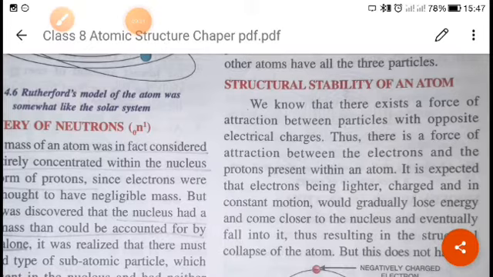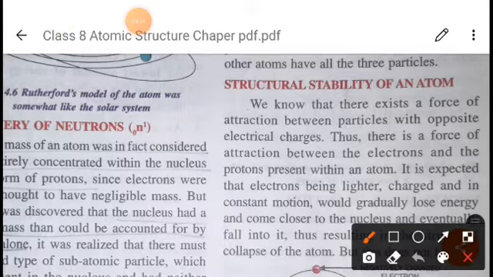So it is expected that the electron, being lighter, charged and in constant motion, would lose energy, come close to the nucleus and eventually fall into it. This is what we discussed in the last class.